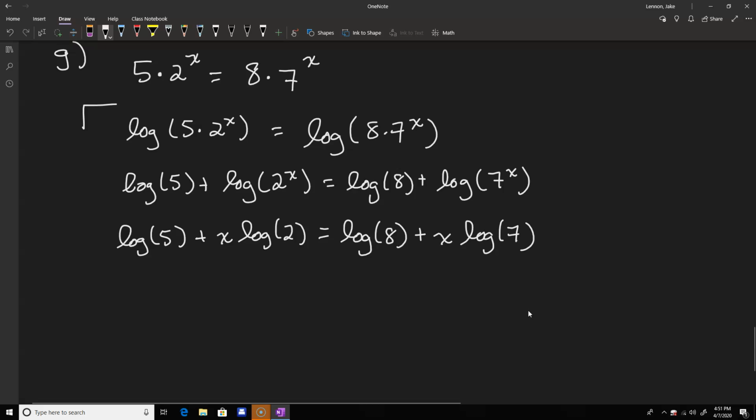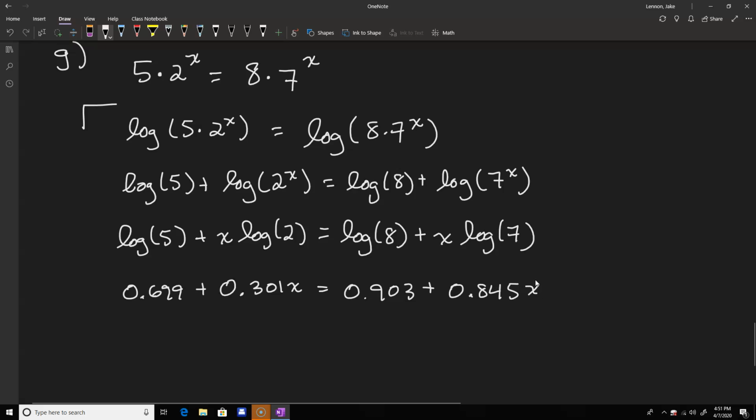So let's go ahead and do that. So we have 0.699, and again, I'm just plugging these into the calculator, plus 0.301x, and that'll equal 0.903 plus 0.845x.